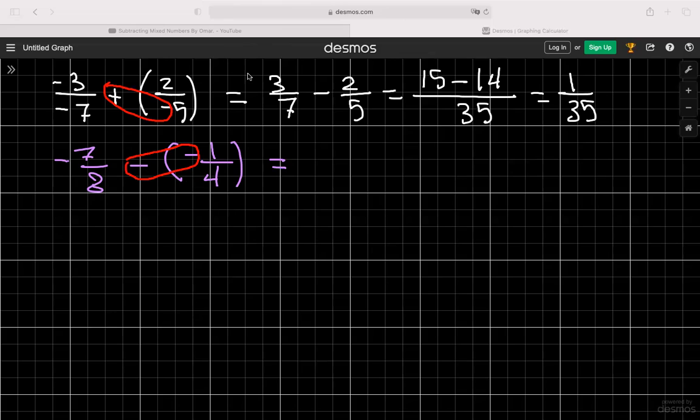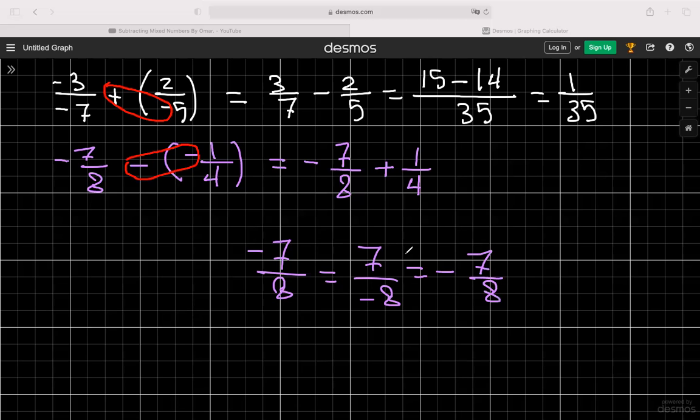So we rewrite this as -7 over 8, negative and negative will be plus 1 over 4. And let me just mention one thing. -7 over 8 is the same as 7 over -8 is the same as -7 over 8. We don't like it written in this format right here. So it's better in this case to throw the negative on top.